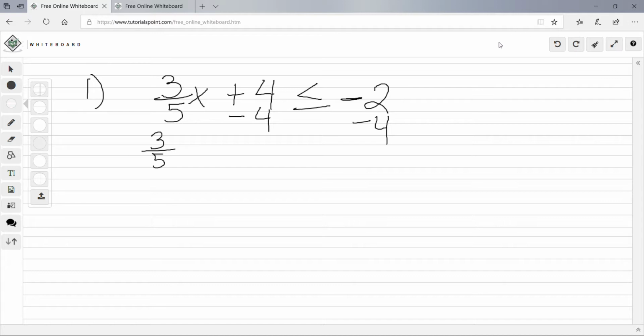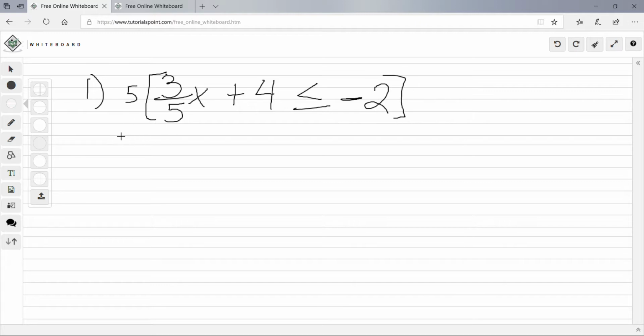I want to get rid of this fraction, right? Remember we have this ugly fraction. So I will multiply everything by 5.